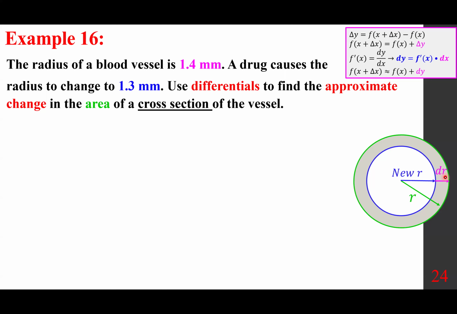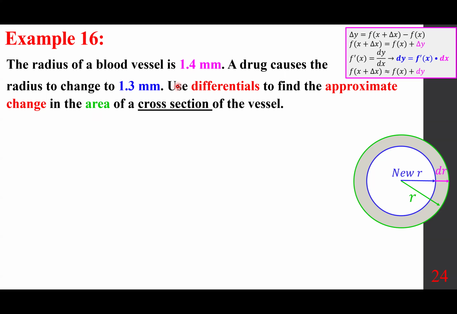So we should know, because we are discussing area, the area is pi r squared. Originally, the radius is 1.4. The new one is 1.3. The difference, dr or delta r, is 1.3 minus 1.4, which is negative 0.1, same units, millimeters.